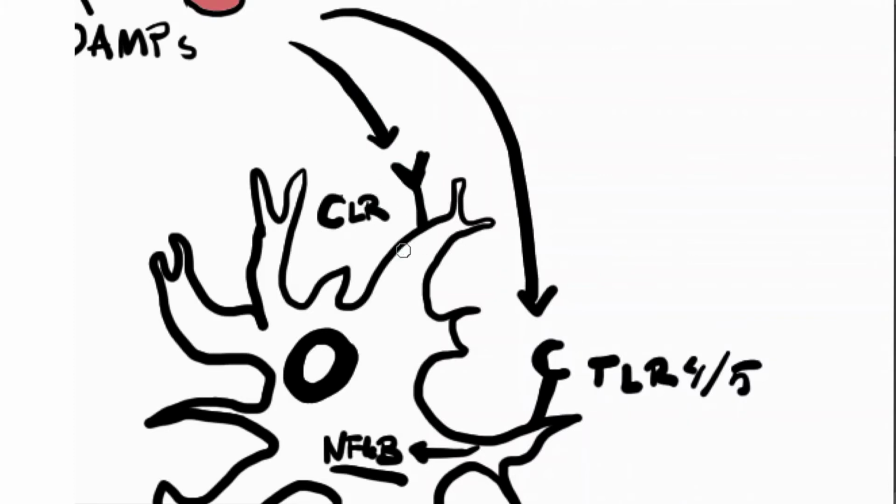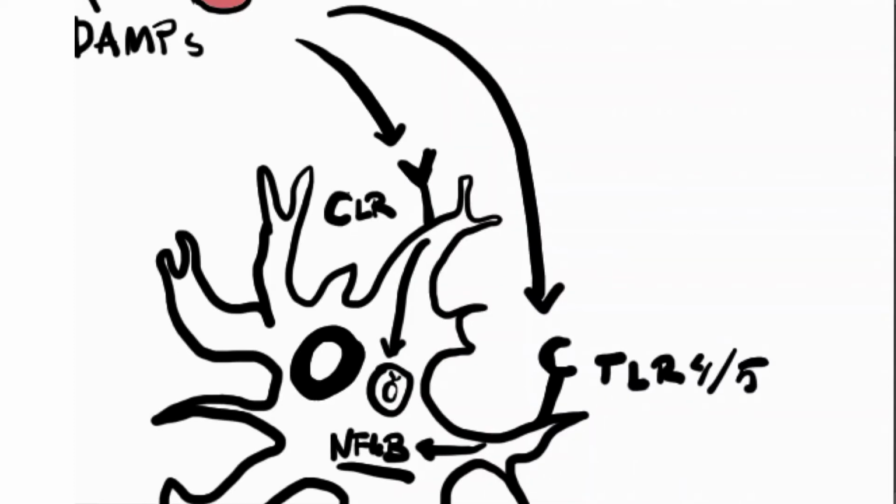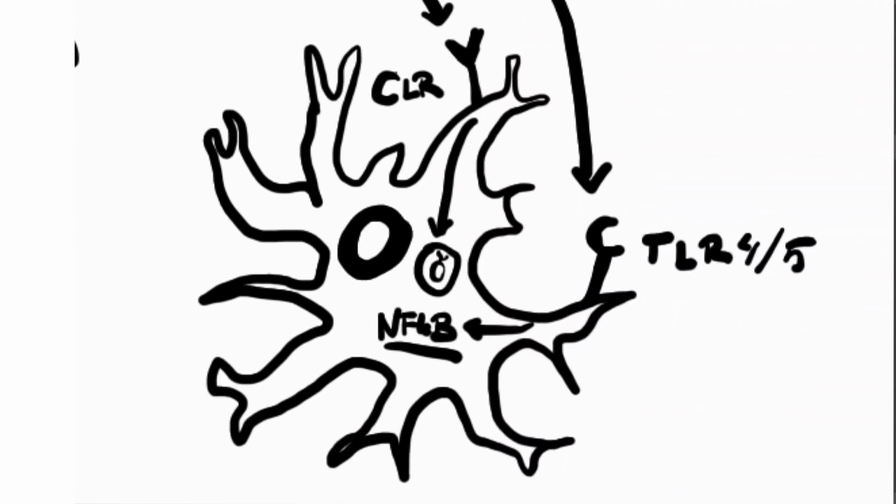And binding to CLRs triggers phagocytosis of the bacteria into a phagosome. So there's the bacteria, and it will be inside the dendritic cell. But CLRs can also lead to NF-kappa B activation.